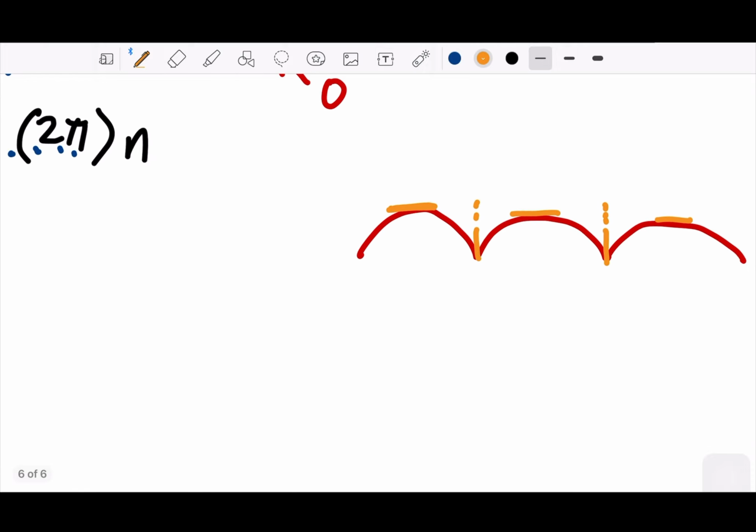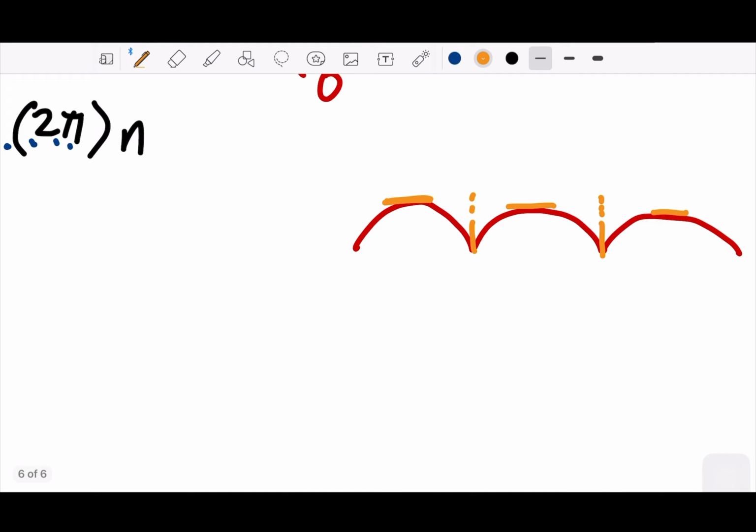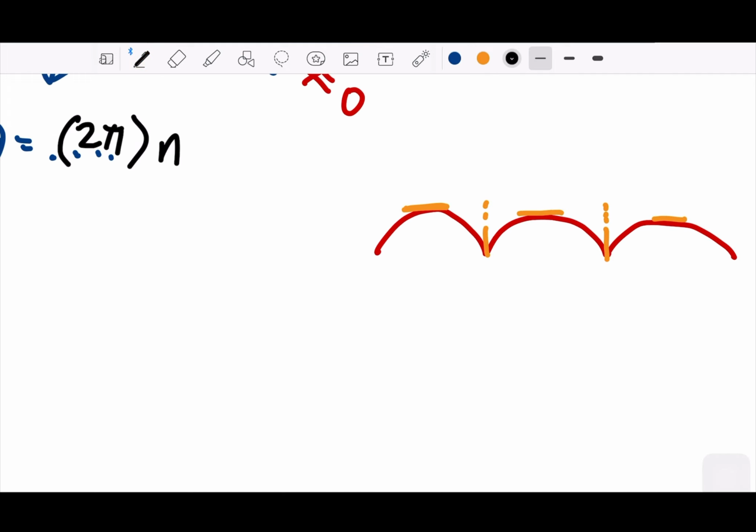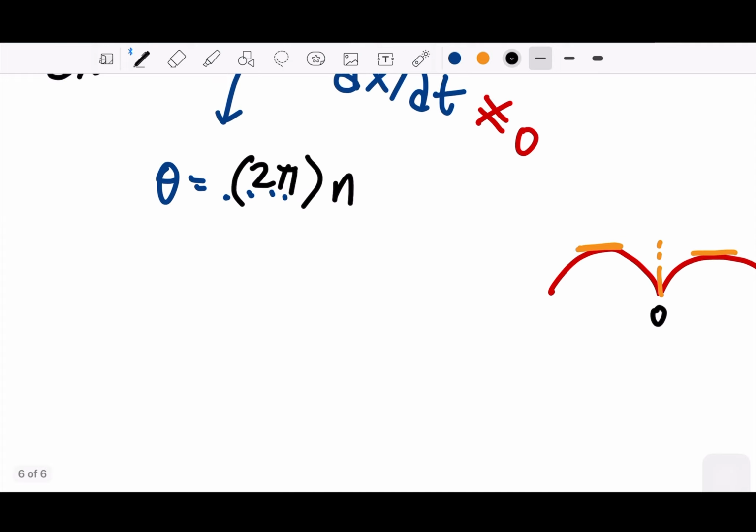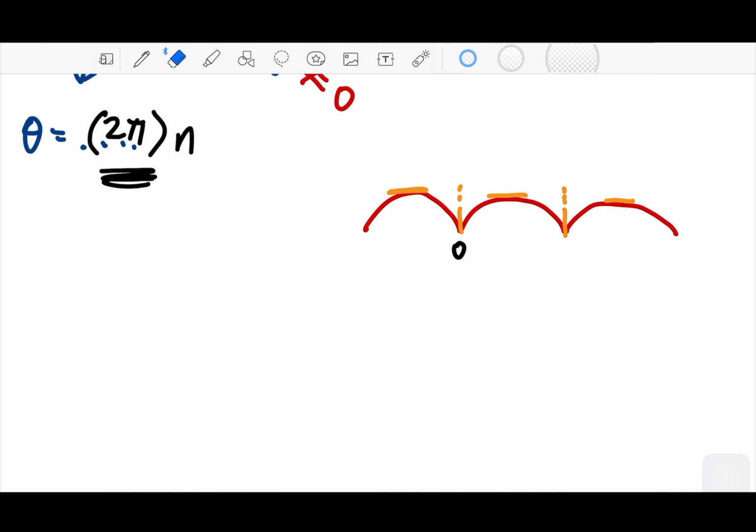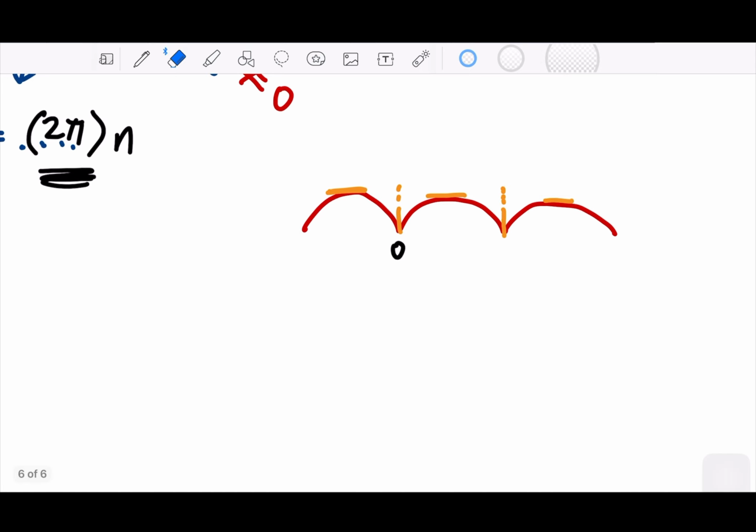So, what can we do? We verify when this is 0, the cycloid should have a theta around here, 2 pi n. So it should be around 2 pi r, 4 pi r, where the position is at 0.